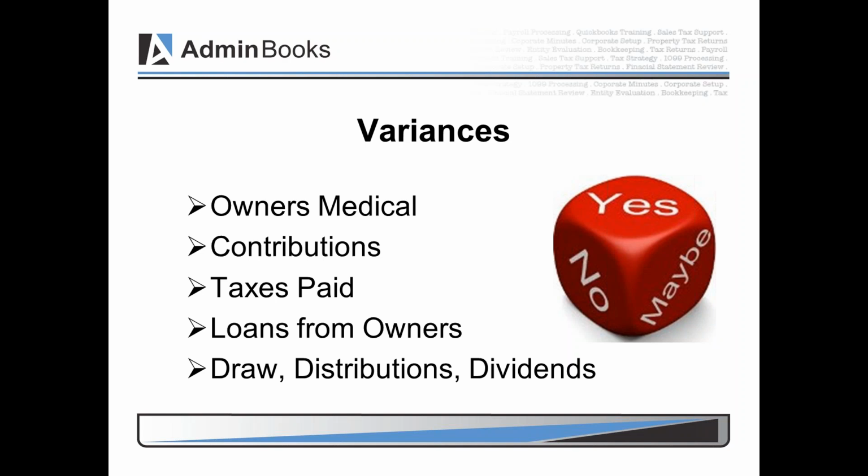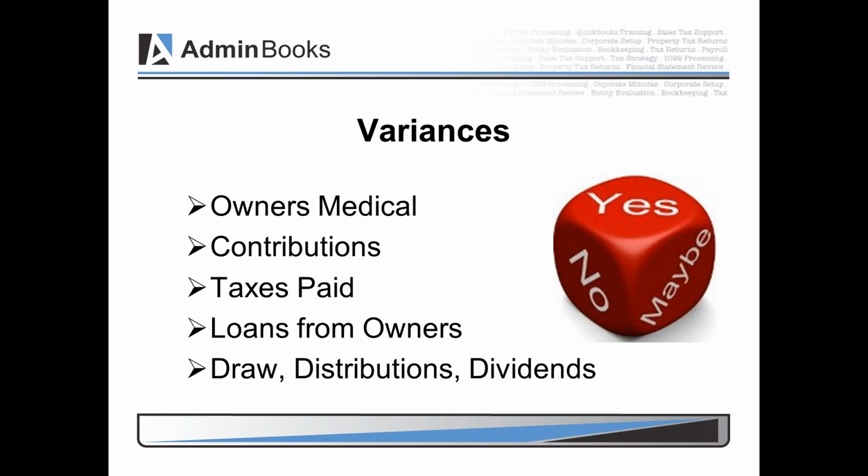So here's the key: if any of these expenses are above the line and you're not supposed to put them there, you're going to be in trouble paying taxes. If they are expenses that are supposed to be below the line, then you're going to have an accurate amount on that net ordinary income, and you'll be able to, in your gut or guesstimate, have an idea of how much you're going to owe. So owner's medical for sole proprietorship goes below the line.